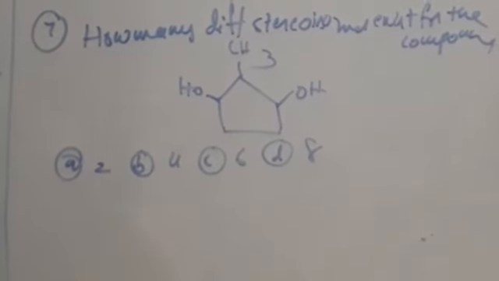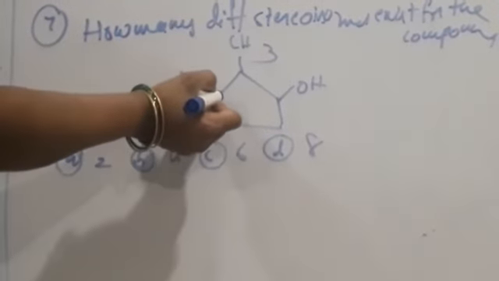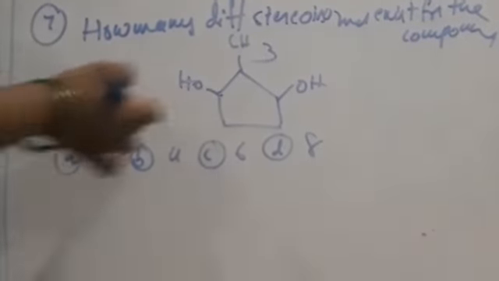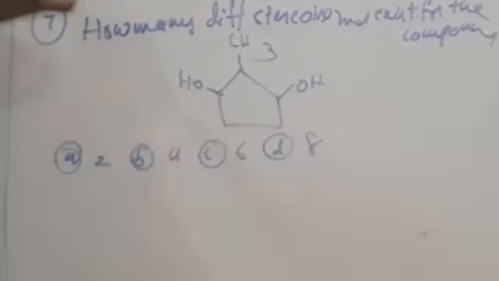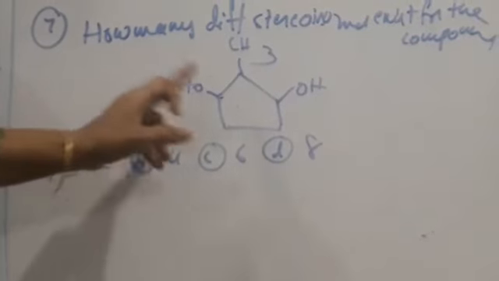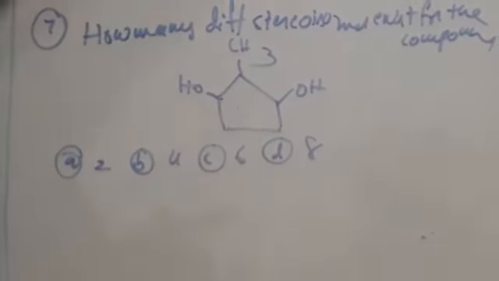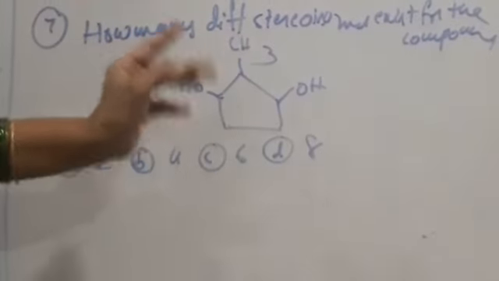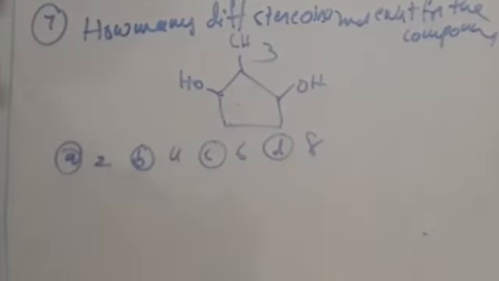So two geometrical isomers. And it contains one chiral carbon. So this is the chiral carbon, surrounded by hydrogen, OH and different groups. So for a chiral carbon in an asymmetric molecule, 2 to the power n, n is 1, so 2. 2 plus 2 geometrical isomers. So the total number is 4.